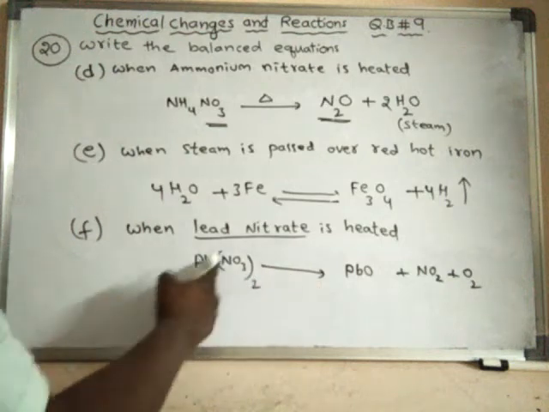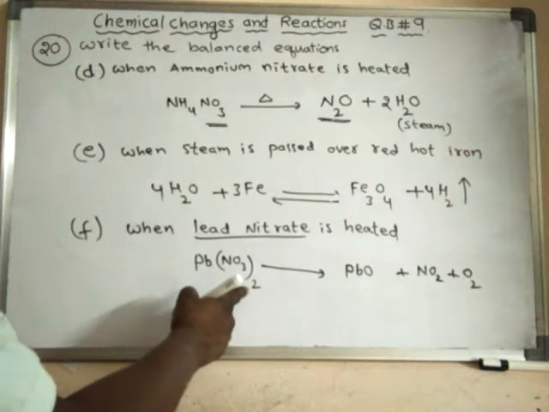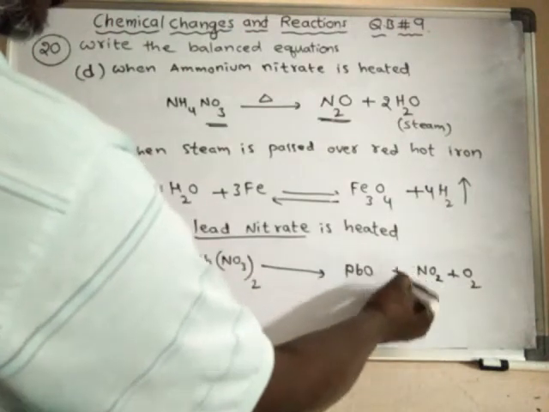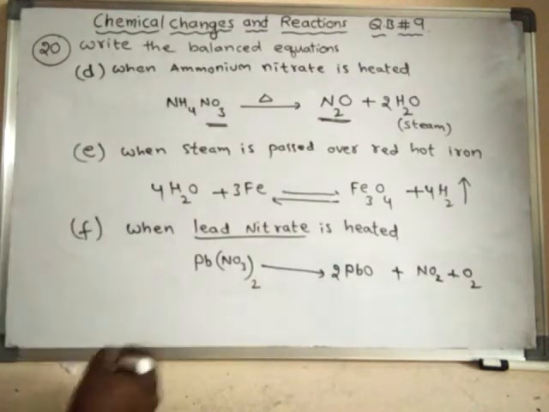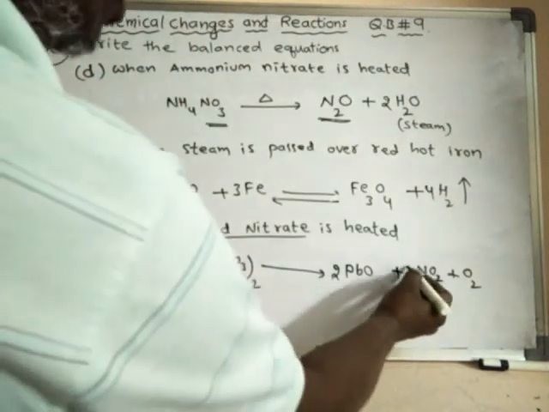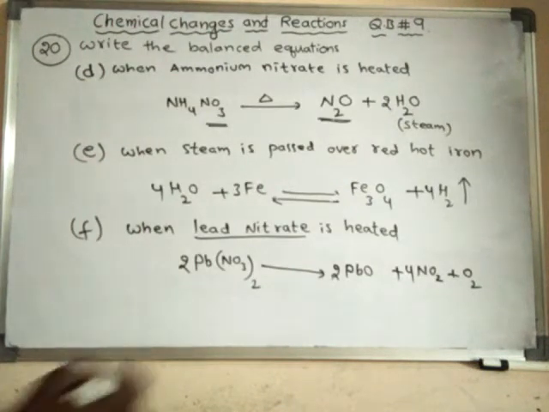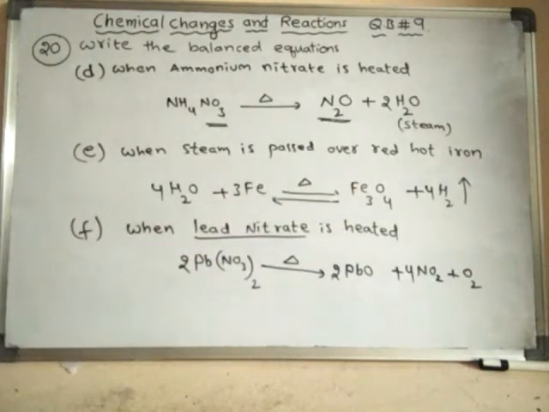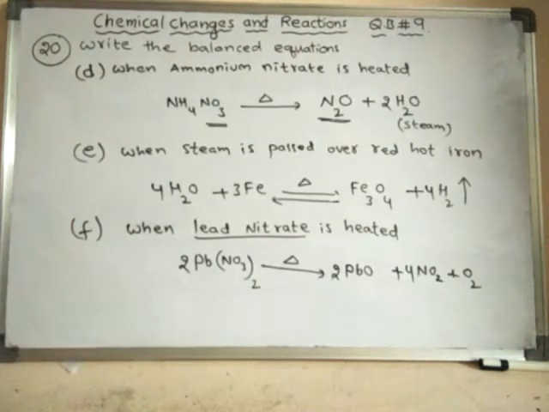If you balance this, here are two nitrogens, six oxygens, so two lead, and altogether four NO2. So this is the required balanced chemical equation. We are heating this one, and this is the balanced chemical equation when lead nitrate is heated.